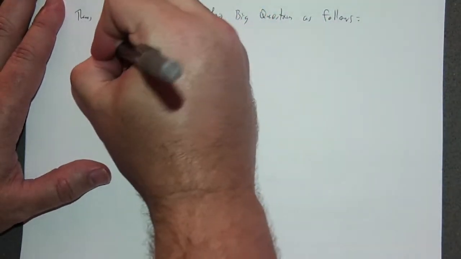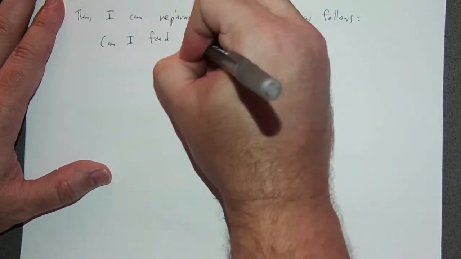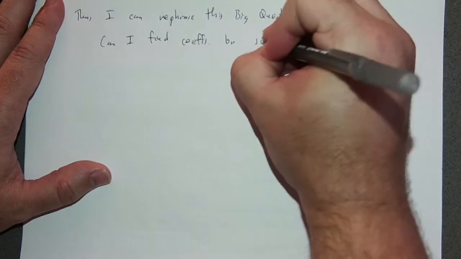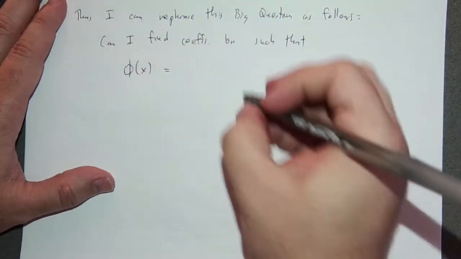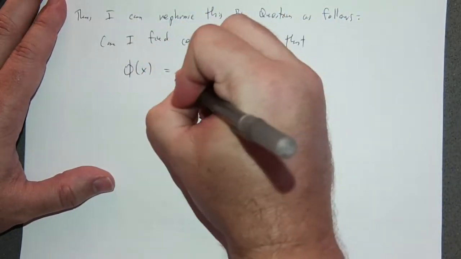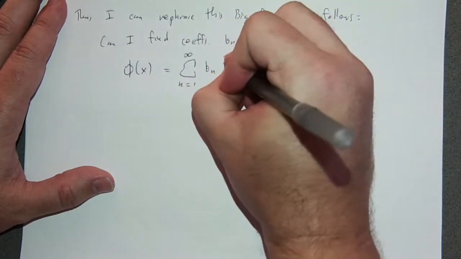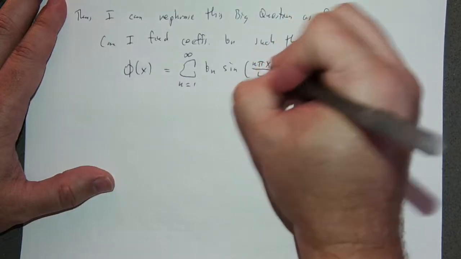Can I find coefficients b sub n such that phi of x is equal to the sum from n equals 1 to infinity of b sub n sine of n pi x over L?